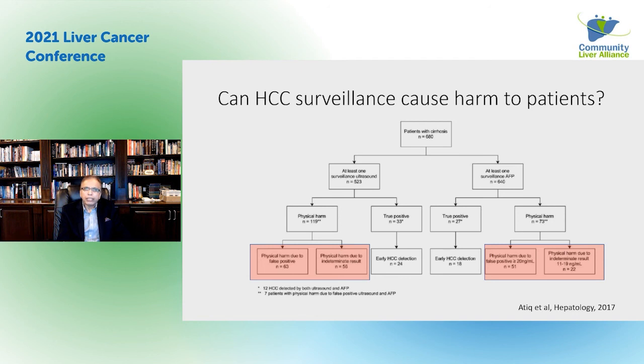What it makes us think is that perhaps we need better modalities for HCC surveillance. We're using ultrasound and alpha-fetoprotein, but as I showed you, the sensitivity is 63%. And then there are patients with false positives who undergo further treatment and interventions, which can cause potential harm.